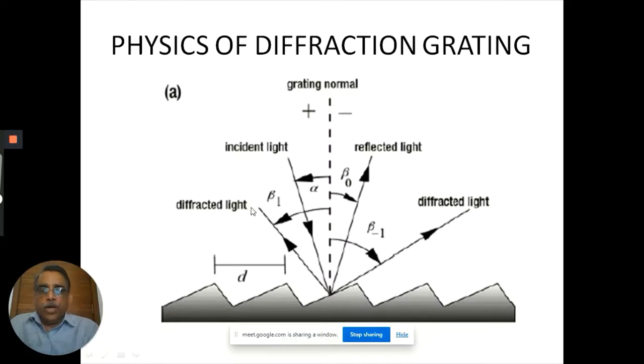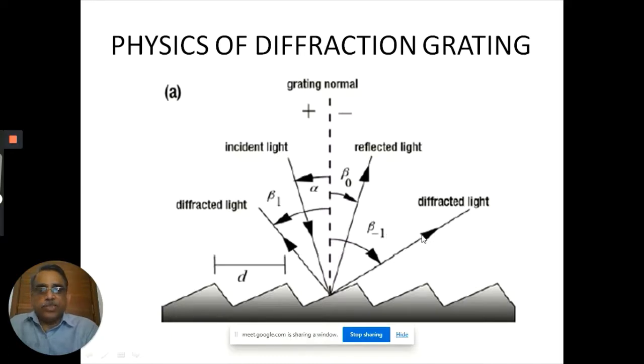Now you can see the light of incidence and the reflection. You can see these angles and diffracted lights. Reflected lights are diffracted counterclockwise and clockwise. Counterclockwise is given a positive symbol, and clockwise is given a negative.